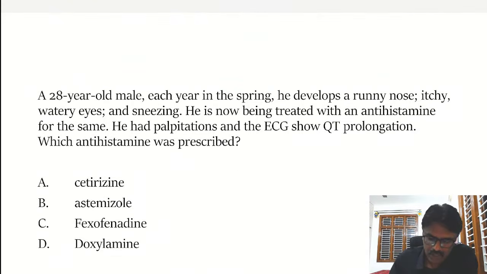Moving on to the next question. A 28-year-old male, each year in the spring he develops runny nose, itchy watery eyes, sneezing. So that means he has allergic rhinitis and allergic conjunctivitis. He is now treated with antihistamine for the same. He had palpitation, ECG shows QT prolongation. Which antihistamine was prescribed?